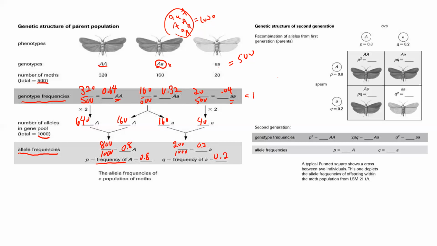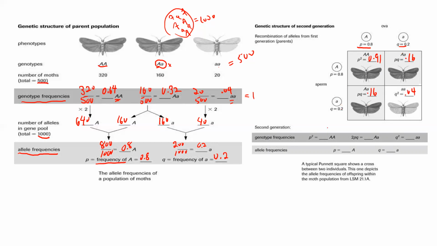Well, now we can put these in a Punnett square. 0.64, 0.16, 0.16, 2 times 0.8 times 0.2, and 0.04.